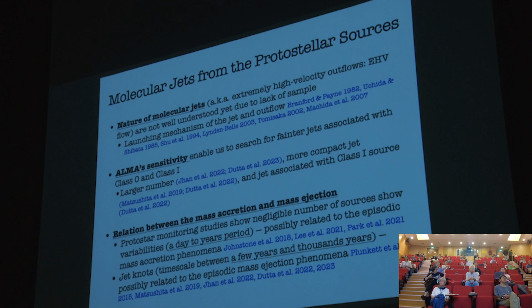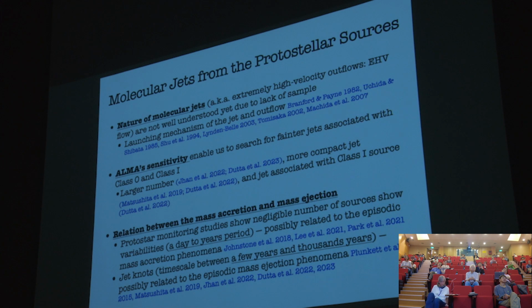A non-negligible number of protostars show variabilities with periods from a day to 2 years. Comparing this with the jet knots, which have time scales between a few years and 1,000 years, the jet knots may be related to the mass ejection side. So comparing these is very important to understand the mass accretion and ejection relation.